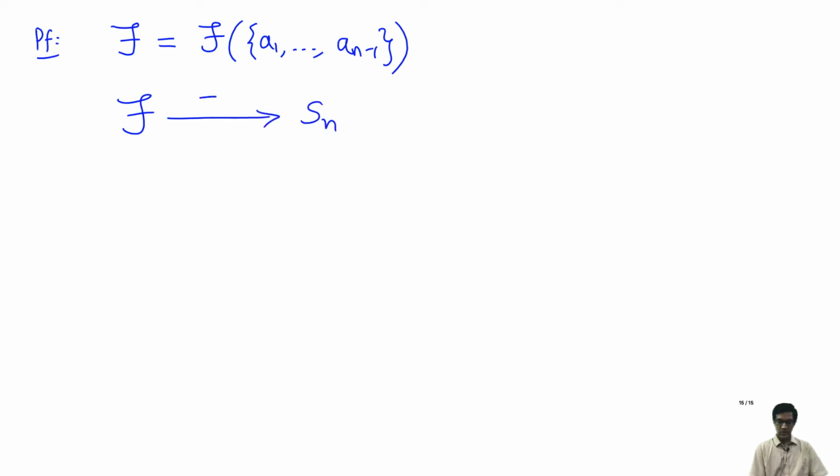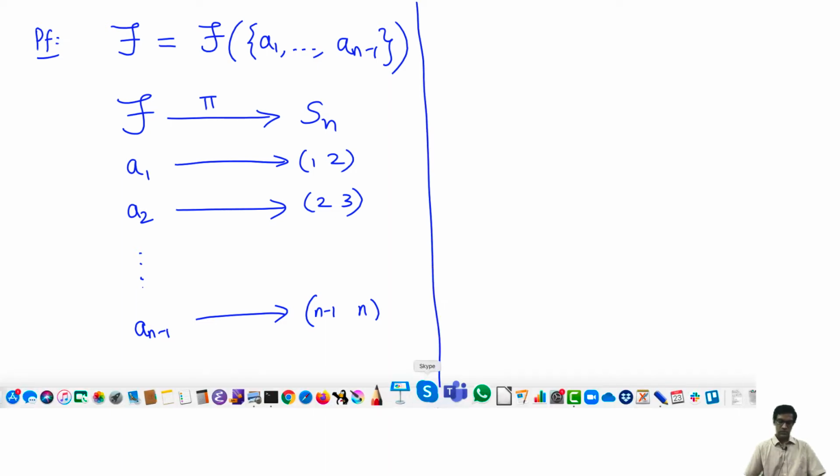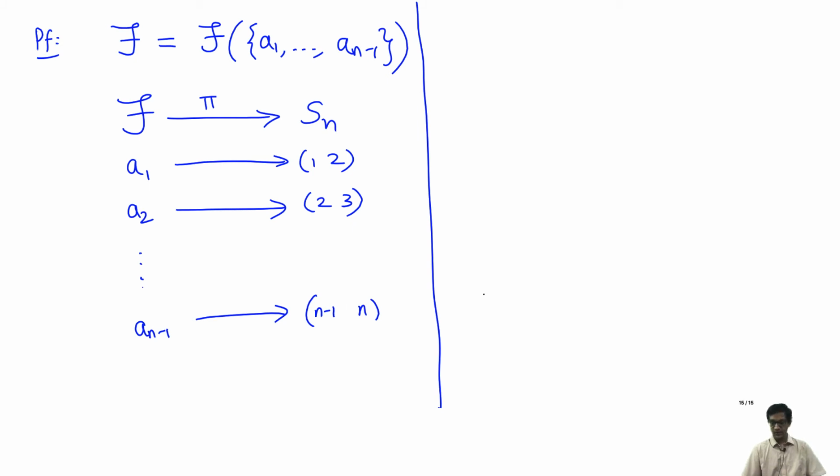A1 maps to (1 2), A2 maps to (2 3), and so on, till A(n-1) maps to the transposition (n-1 n). As before, this defines a homomorphism by the universal property of free groups. It's enough to specify it on these elements A1, A2, up to A(n-1).